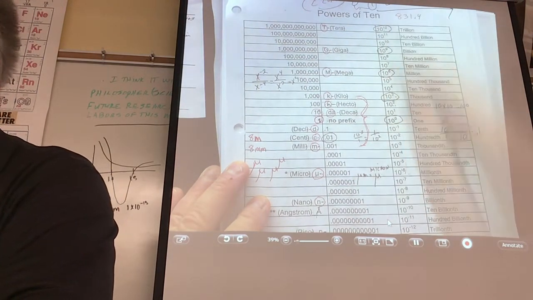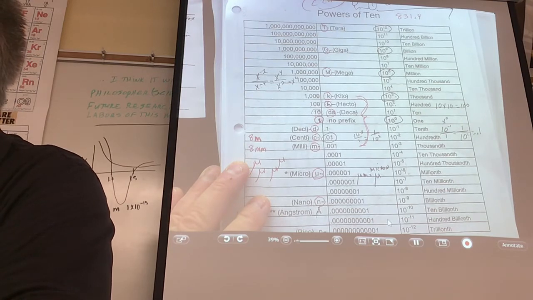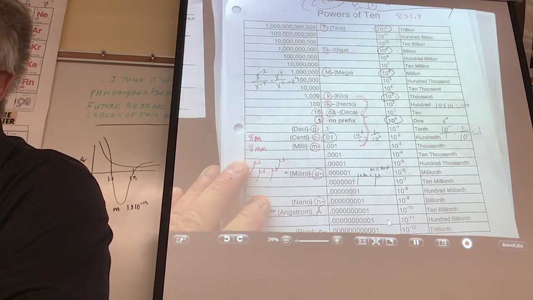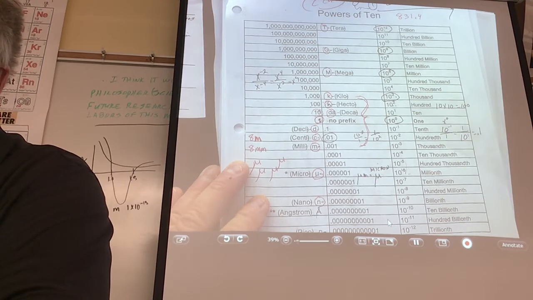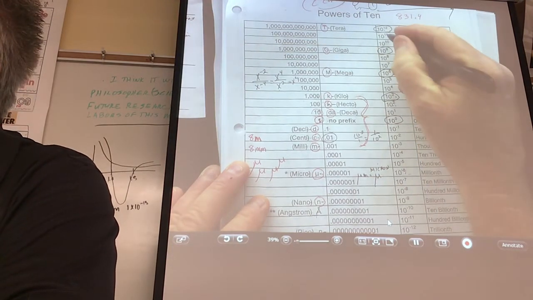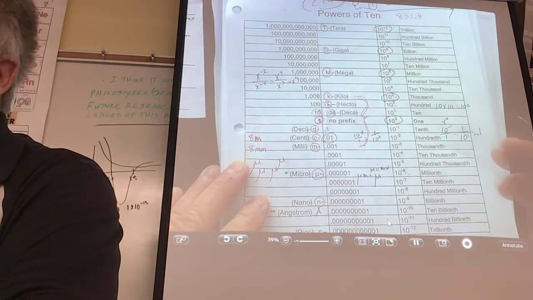If they have a positive exponent, then what are they? They're before the decimal. Well, they may have a decimal, but the decimal's on the right-hand side. But these are big numbers, aren't they? Like 10 to the third is 1,000. 10 to the second is 100, right?